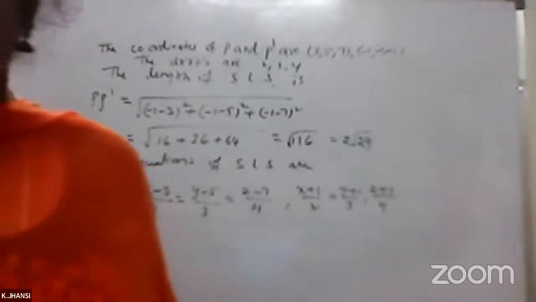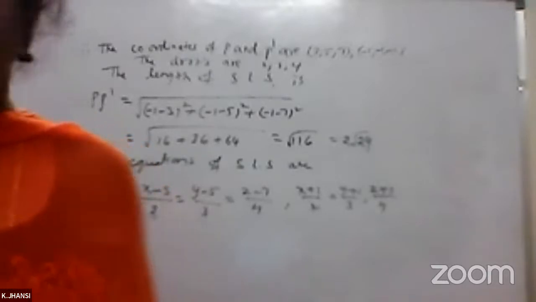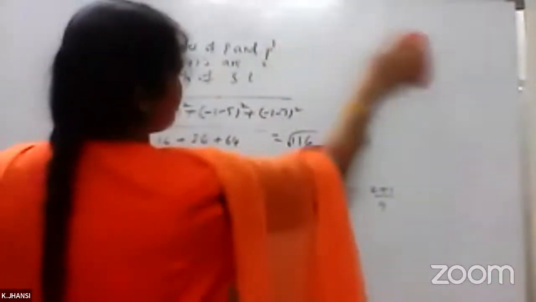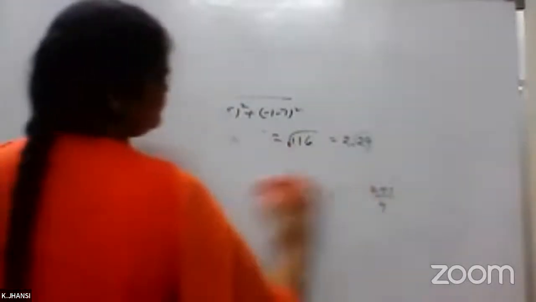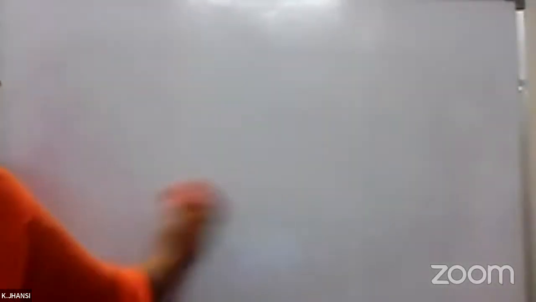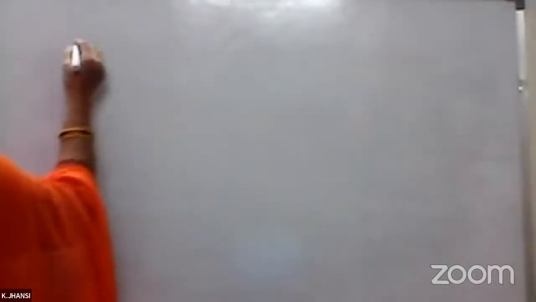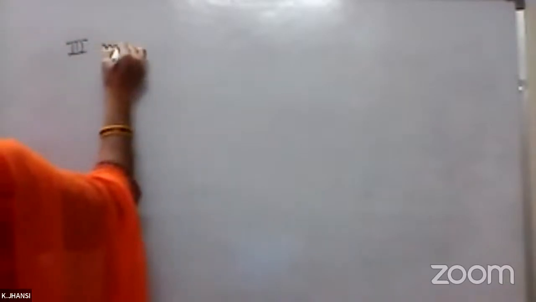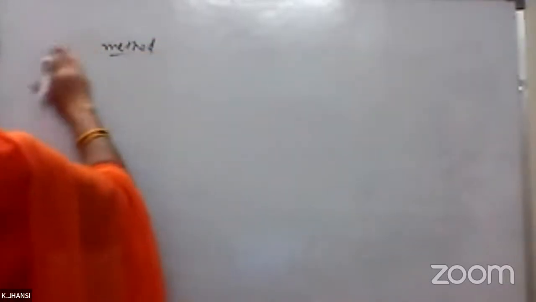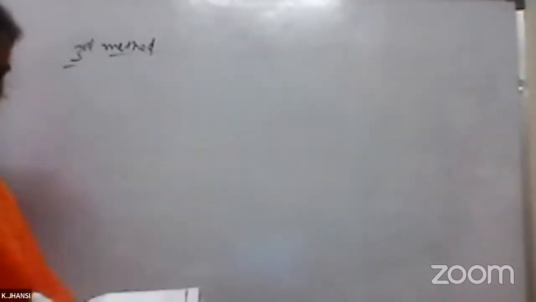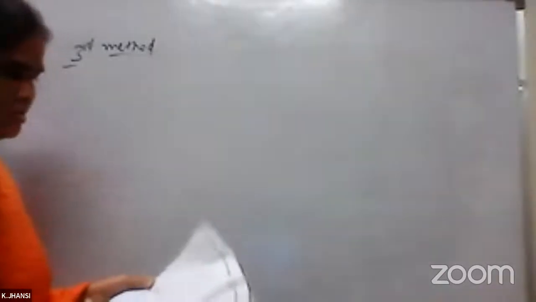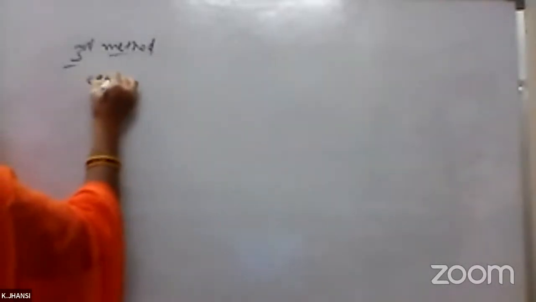For this we are going directly to find only the shortest distance. Finding the equations is the same. For the third method, whatever the steps are for the equation of the plane, you write.